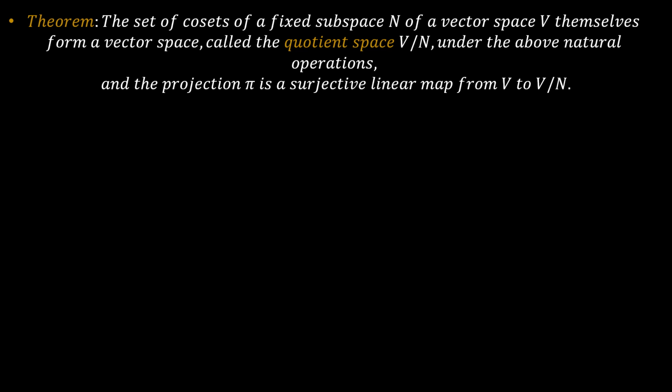Projection pi is a surjective linear map from V to V/N, and V/N is that quotient space.